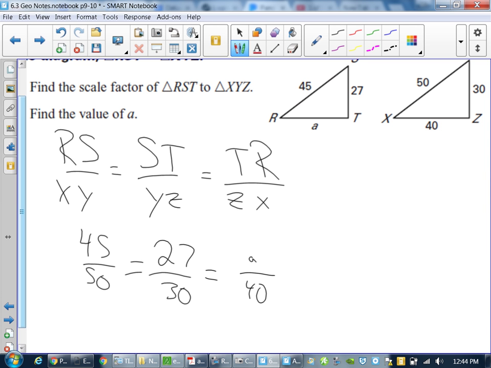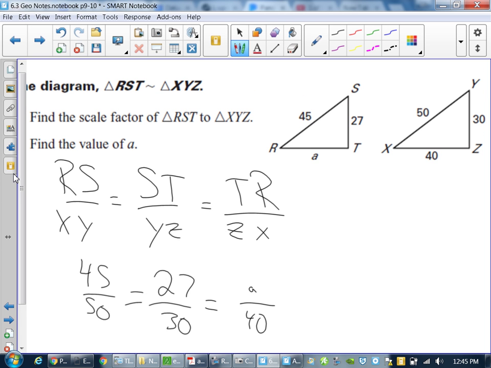Does 27 over 30 simplify to the exact same thing? So what's your scale factor? 9/10. Now, what we did here is we're finding the scale factor going from left to right. It asked us to find that.